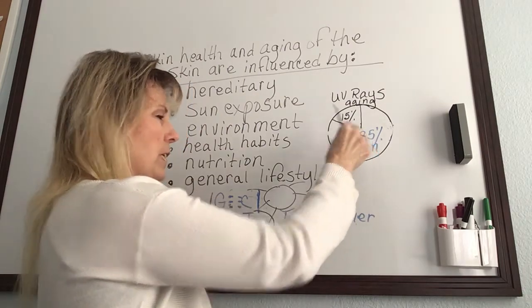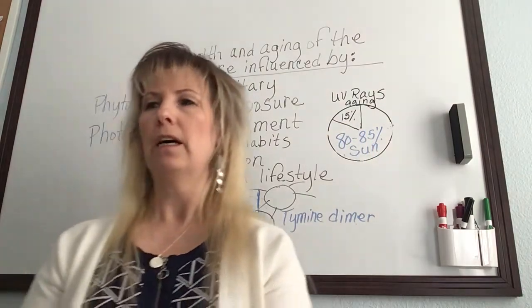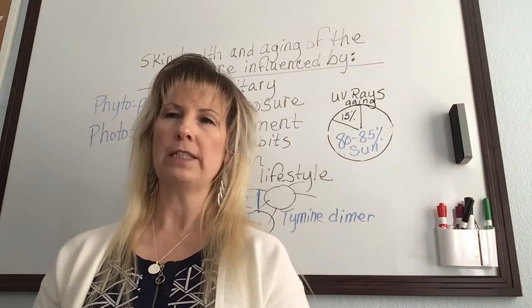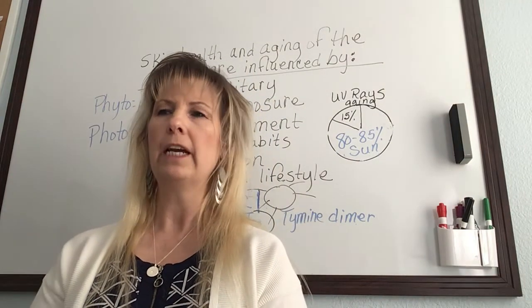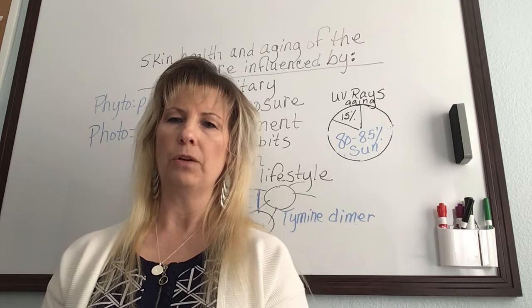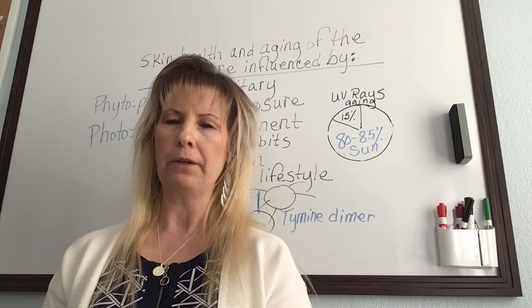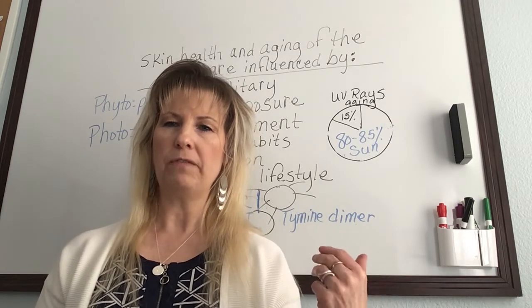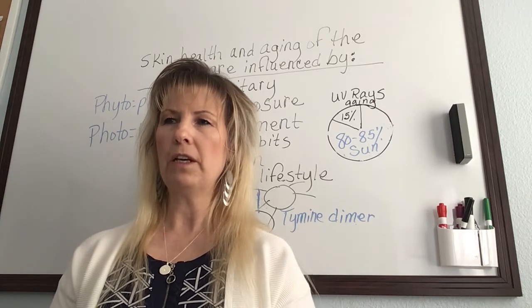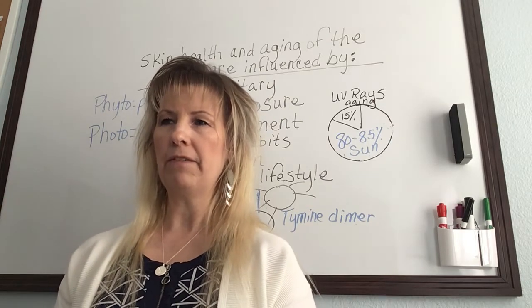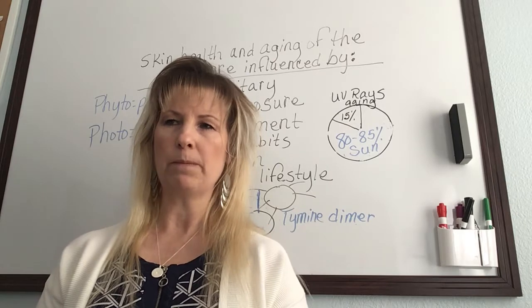And here 15% that you can see, that is what we call intrinsic aging, and that's hereditary. And there is nothing you can do for hereditary, of course, but that's only 15%. So when you think about it, 80 to 85% of our aging is caused by the sun.